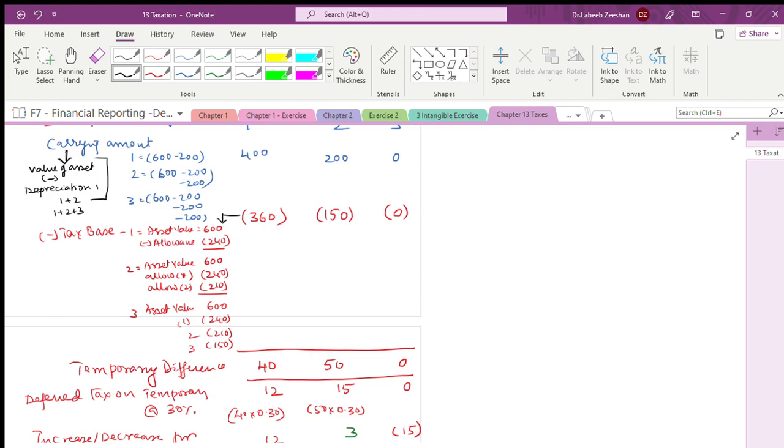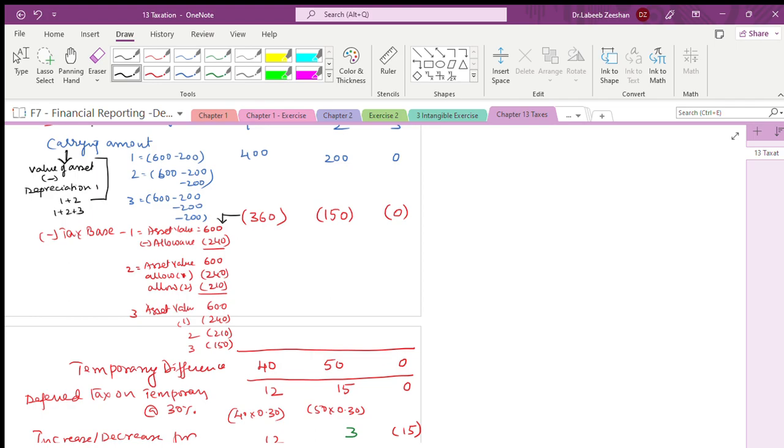Whatever temporary difference we get, on that we have to calculate the additional tax. If the deferred tax is increasing, we have to add more tax. If it is decreasing, we have to decrease that amount.